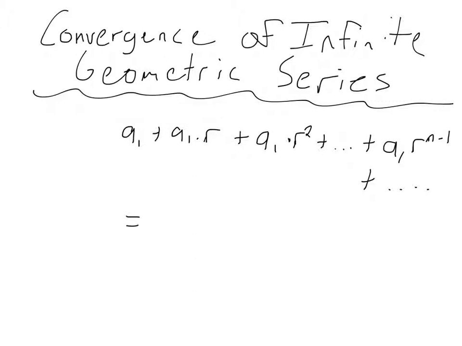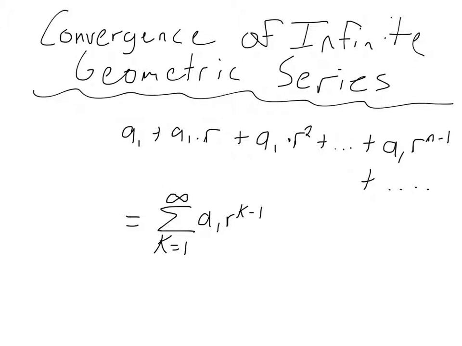Sigma means we're adding up a whole bunch of stuff. We go from the first term, k equals 1, all the way to infinity now. Instead of stopping at a finite value, we keep on going forever and ever, adding up the term a sub 1 times r to the k minus 1.